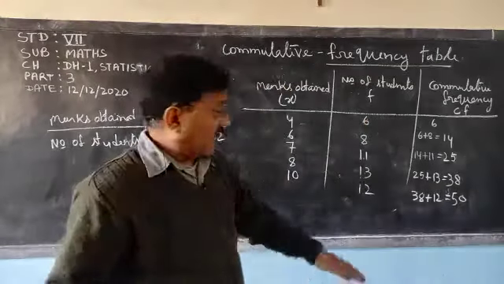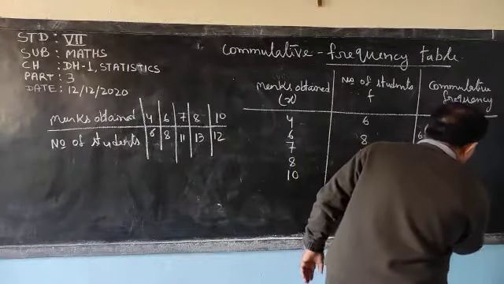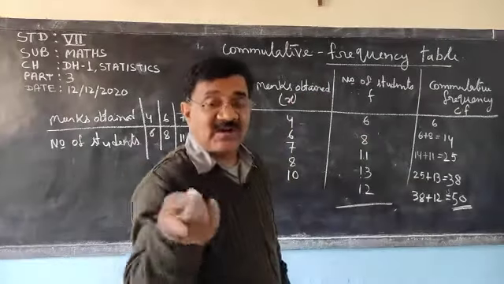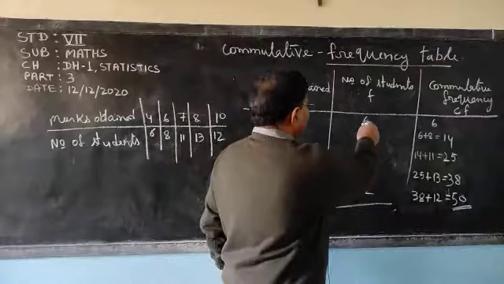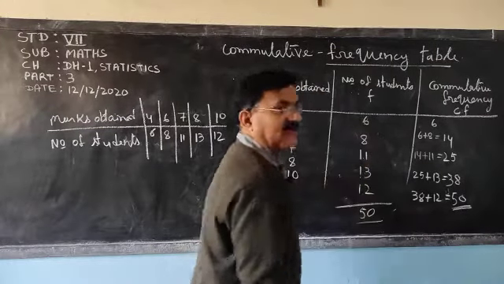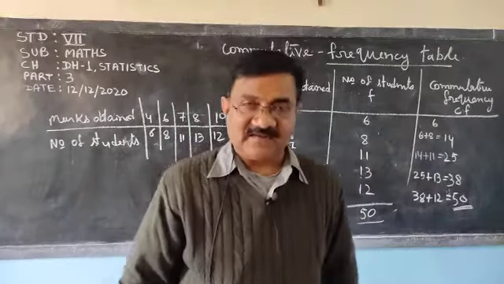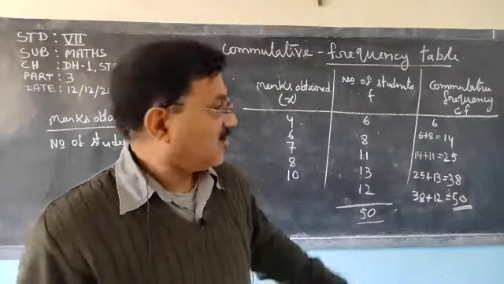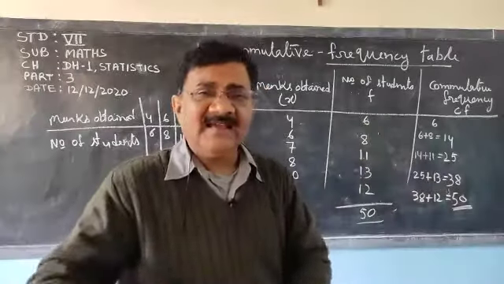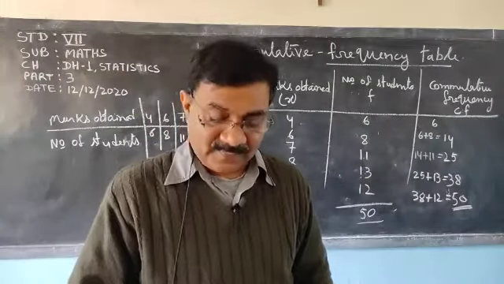And at last, whatever you are getting in cumulative frequency, after adding, this must come 50. See here. If you add the frequencies, it will also come 50. Then you are correct. Very clear or not? Cumulative frequency means first add and write.